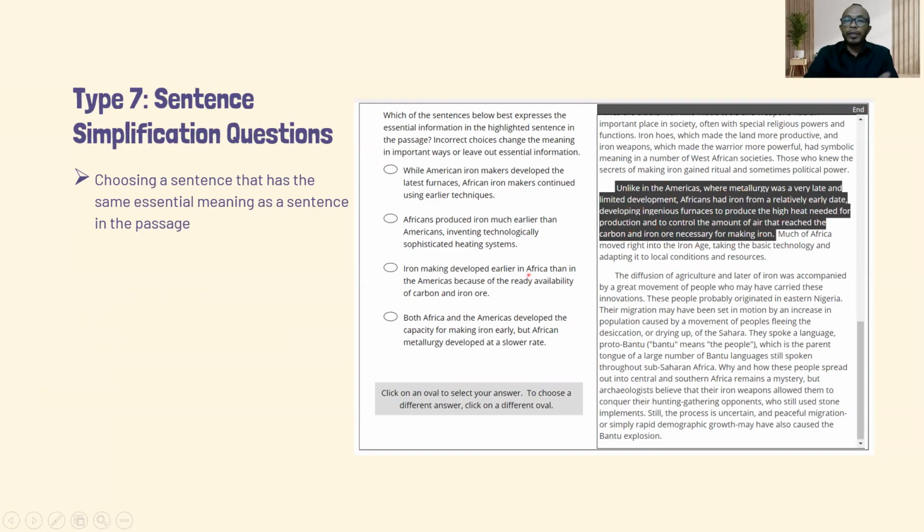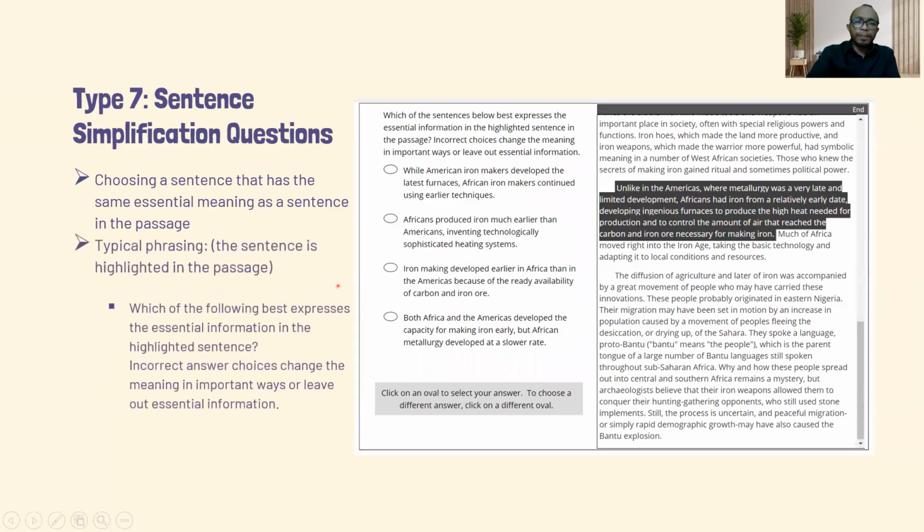So restate here means to say something or express the same idea using different words. Okay. Now, the wording for this question is usually going to be like this. Which of the following best expresses the essential information in the highlighted sentence?